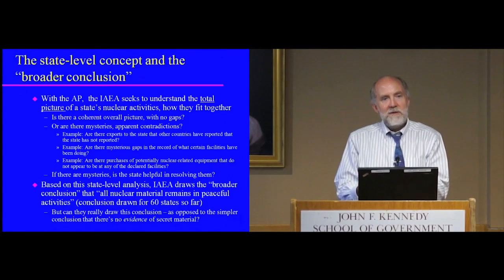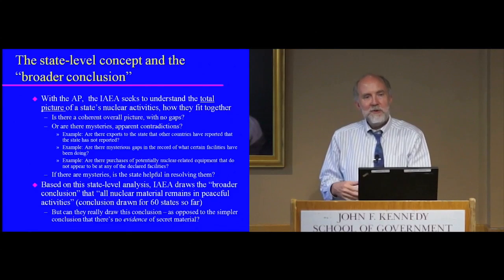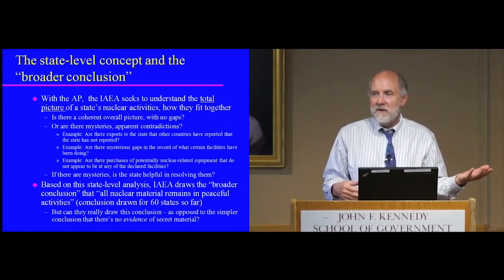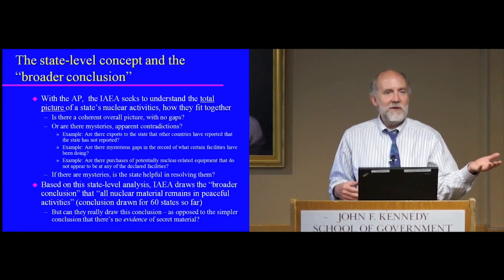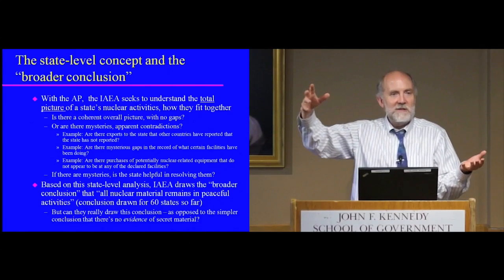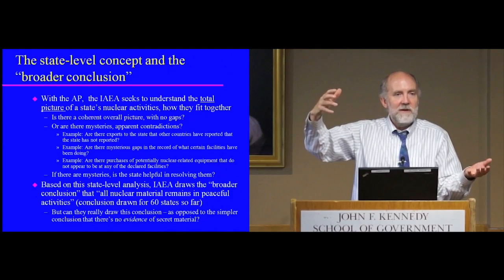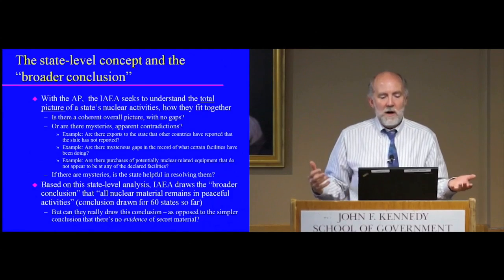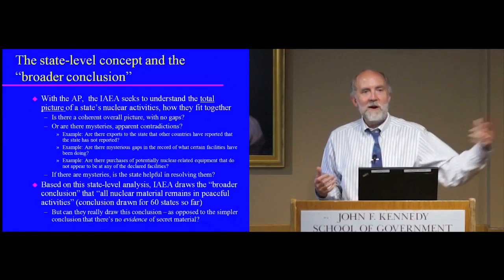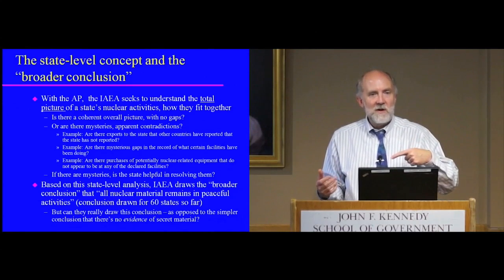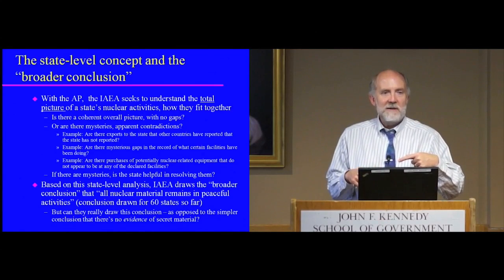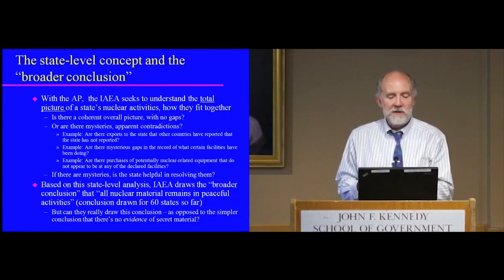For example, are they producing a lot of nuclear material that doesn't seem relevant for the nuclear facilities that they've declared? That would raise a question. Are they importing a bunch of things that other states are reporting to us that they're not telling us about? That would raise an obvious question.